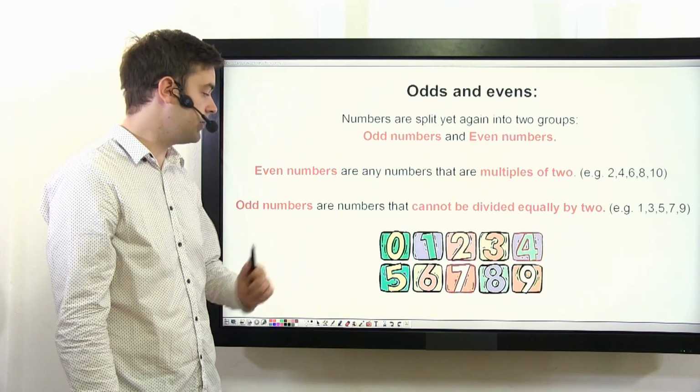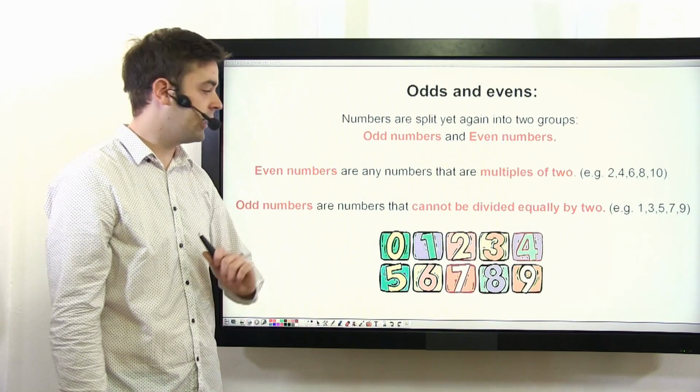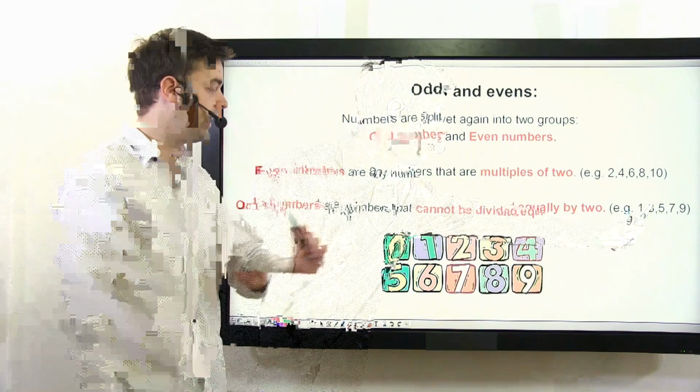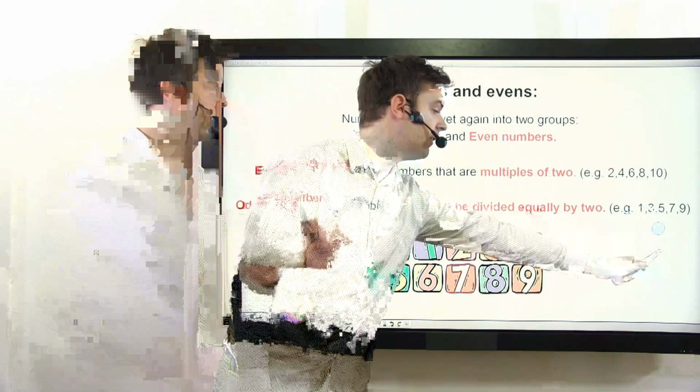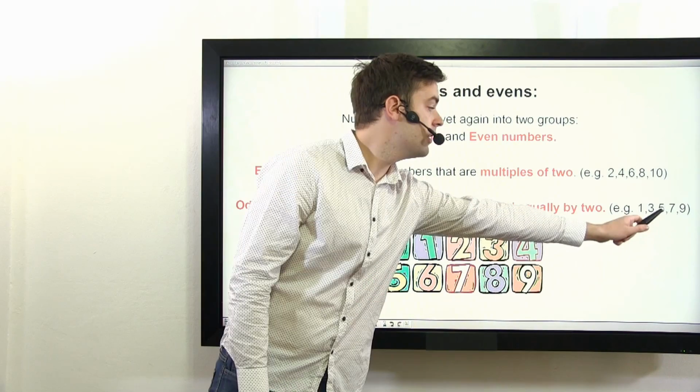The odd numbers. And these numbers are 1, three, 5, up to the 20s, and up to 100.